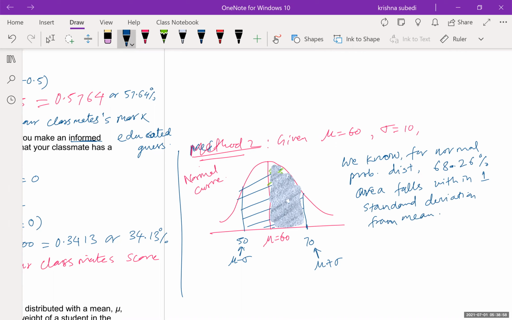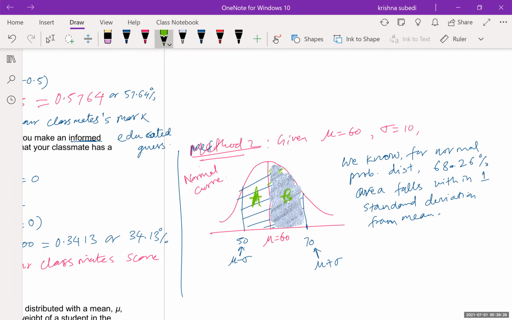So that means this area right here, this one plus this one together. Let's say this is A, this is B. So A plus B together is 68.26. By the way, the normal curve is symmetric. Okay. So in this case, area A equals area B. So the normal curves are symmetric, so they are equal.